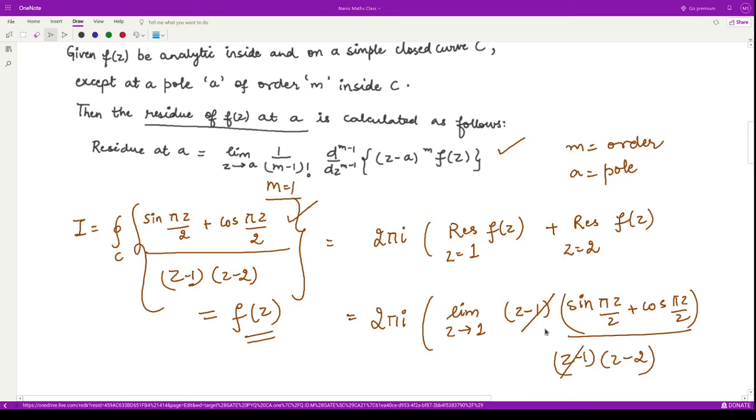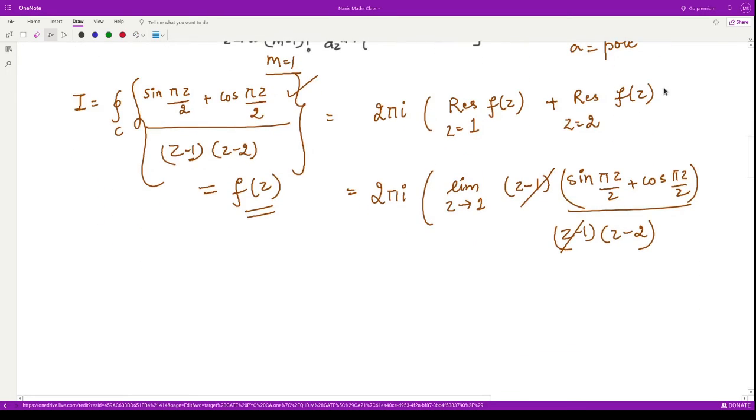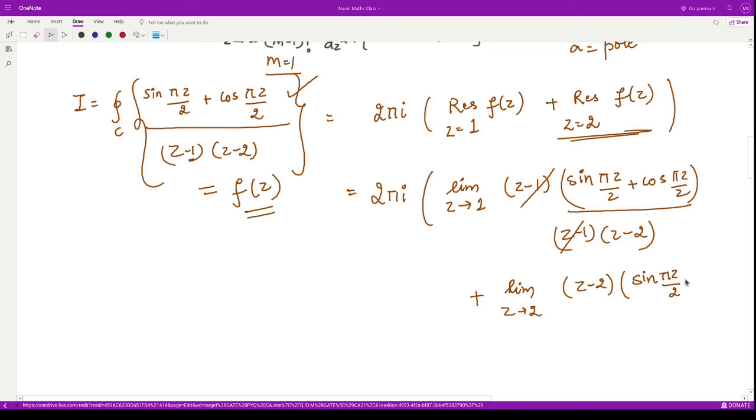From here this term and this term cancel. Similarly, the residue at the other point would be the limit as z goes to 2 of (z minus 2) times f(z), and from here this and this cancel.